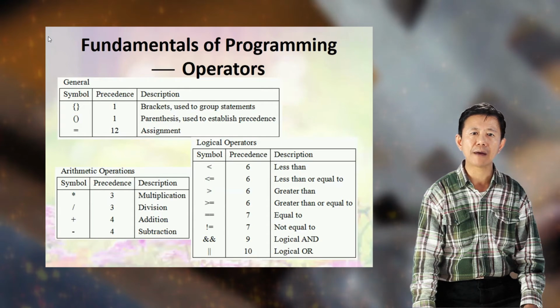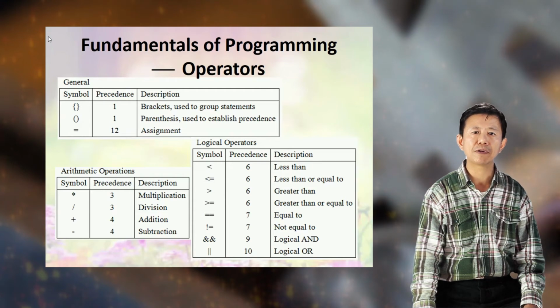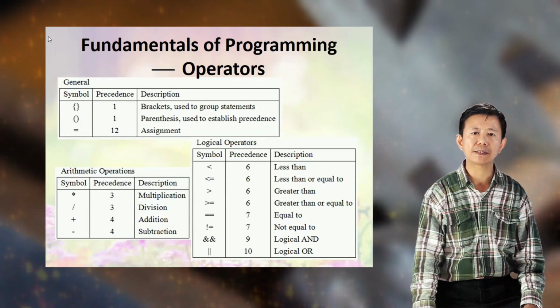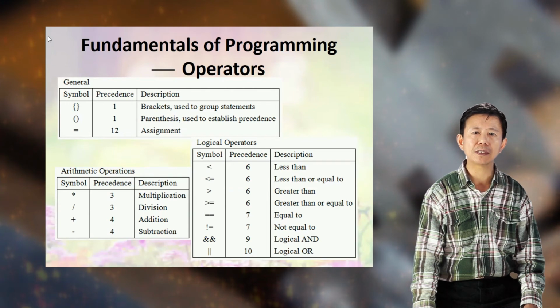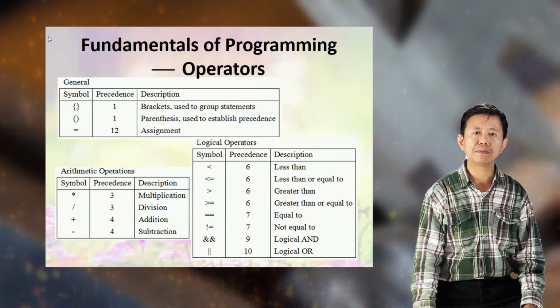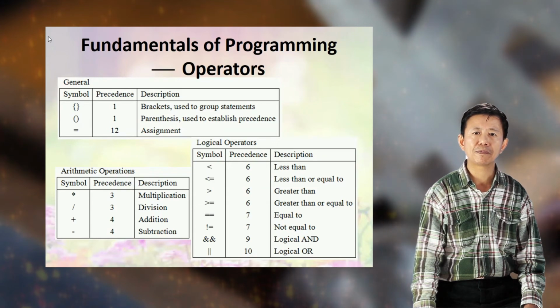In the arithmetic operator table, the precedence of multiplication and division is 3, and the precedence of addition and subtraction is 4. Also, you know that parentheses have the highest priority, so its precedence is 1, as shown in the general operator table. Now you should be able to tell that precedence 1 means the first priority, and 3 means the third priority.